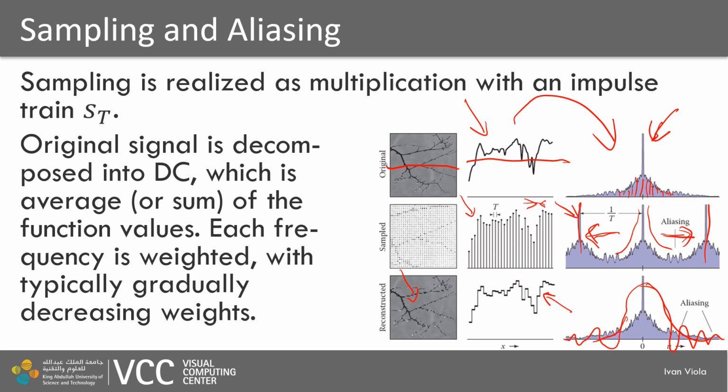So this is the pipeline of performing the sampling and reconstruction, and what is happening with the signal in the frequency domain. We can see that there are certain phenomena happening here, like for example the generation of these aliasing spectra.